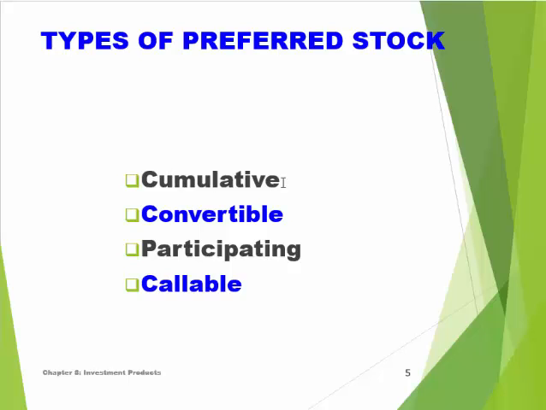Cumulative just means that if a company decides not to pay preferred stock dividends, they cannot offer common stock dividends. And what cumulative means is that until they pay back all of the preferred dividends that were due, including those that were passed over, they can't issue any more common stock. So that's really one of the better kinds of preferred stock from a safety point for an investor to want to purchase.